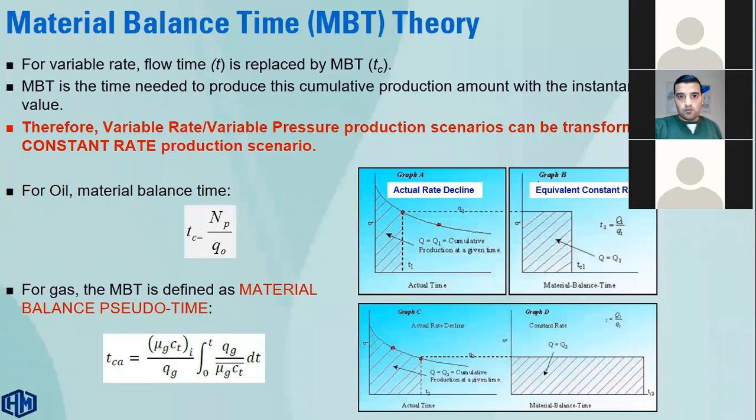So this definition will be replaced by this equation. Again, the material balance time is the time used to convert the variable rate production scenario to the equivalent constant rate production scenario, and it's the time required to produce the same cumulative production using a constant rate as the cumulative production using a variable rate.